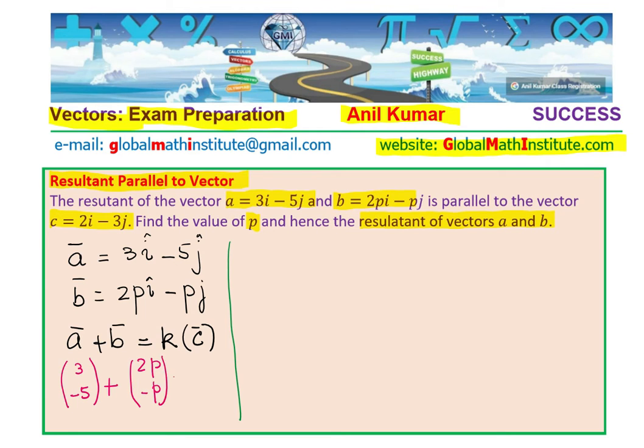Equals some k, a scalar multiple of C, which is 2i minus 3j, meaning (2, minus 3).